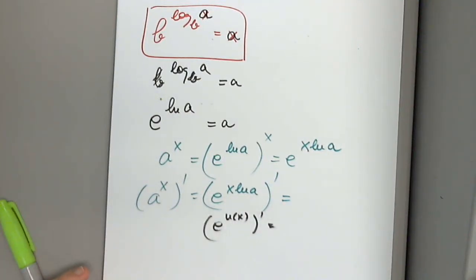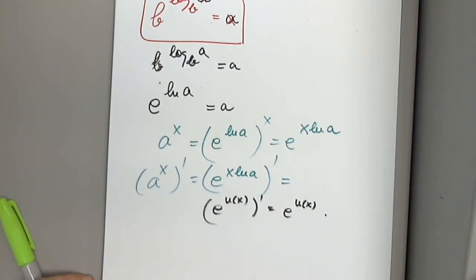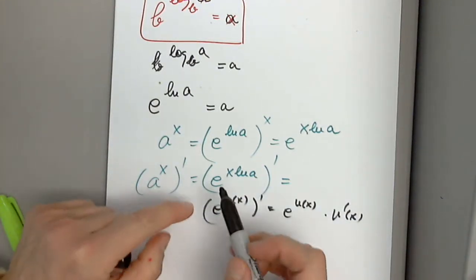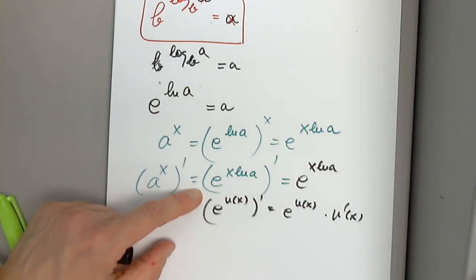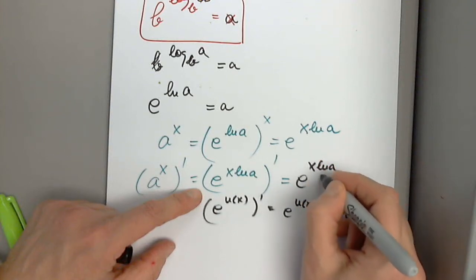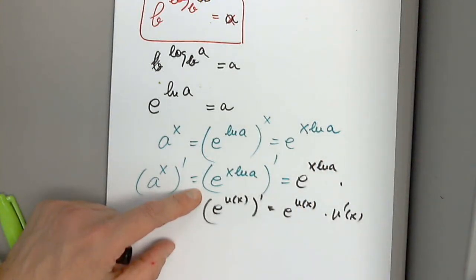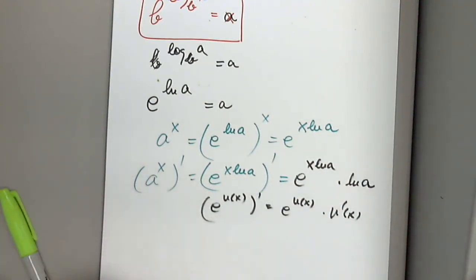We just looked at this formula a few minutes ago. It's e raised to u times? Very good. And that's what I need to do. So e raised to x natural log a times the inner function prime. How much is the inner function prime? Just natural log a. Because when I differentiate this it's a constant, and when I differentiate x, I get 1.